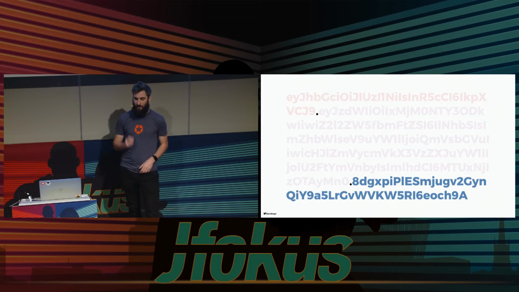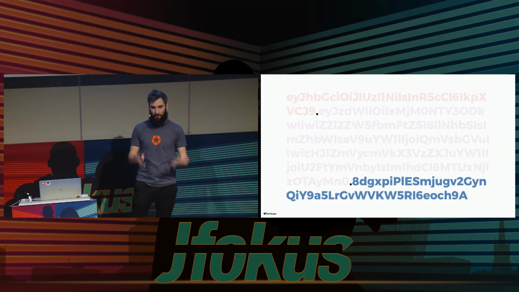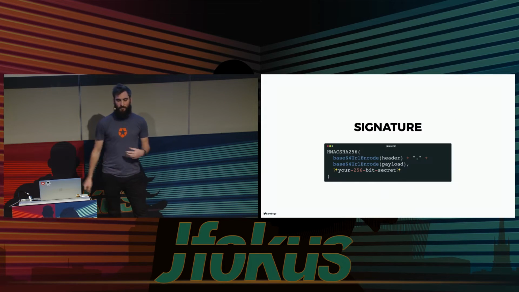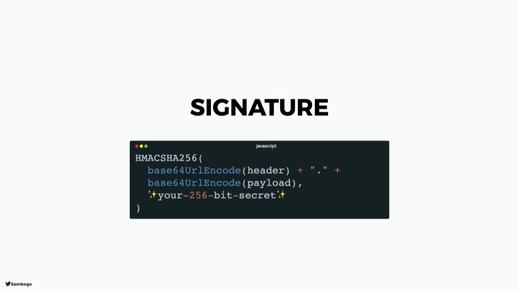And then the last part is the signature. And this is basically just going to prove that the JSON Web Token is valid, it's not been tampered with, you can trust it. It looks a bit like this. There's a bunch of algorithms you can use. If you use HMAC, it's the base64 of your header with a dot in between, and then the base64 of the payload, and then you add your secret, and you just run this function, and it gives you your signature.